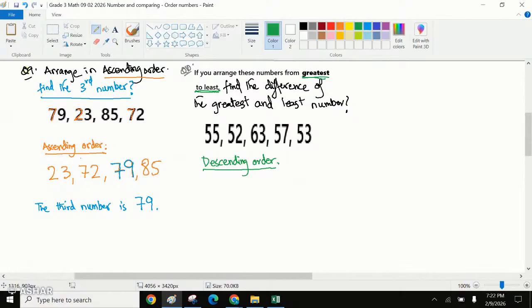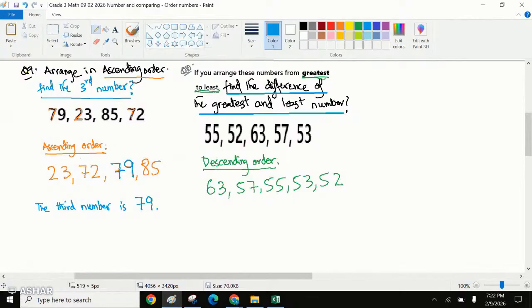What about the second part of the question? The second part of the question is saying, once we have arranged these, find the difference of the greatest and the least number.